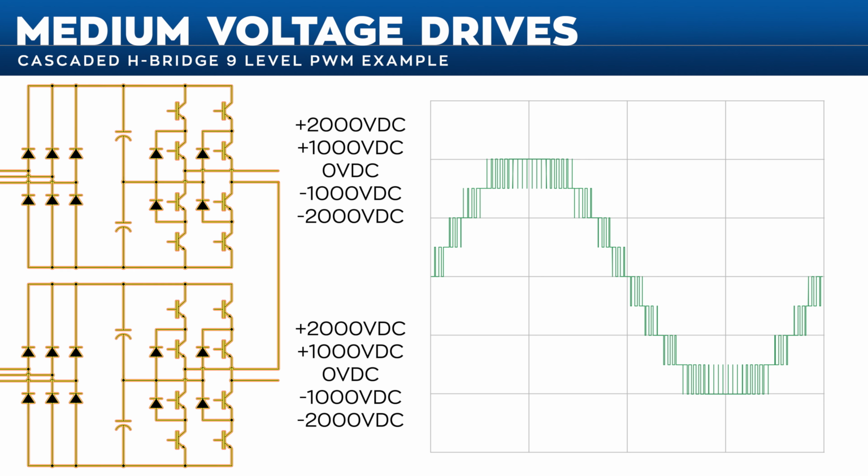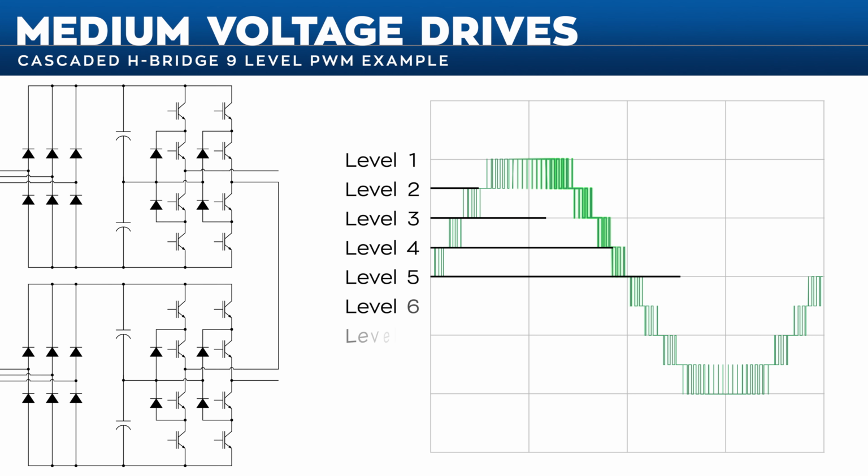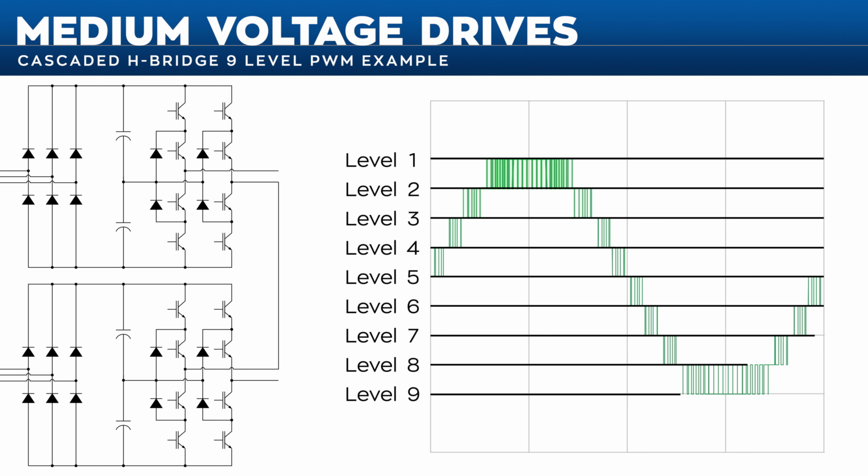Each 5-level cell can modulate positive or negative 1,000 volts or 2,000 volts. Connected in series, 9 voltage levels, including 0, can be achieved.